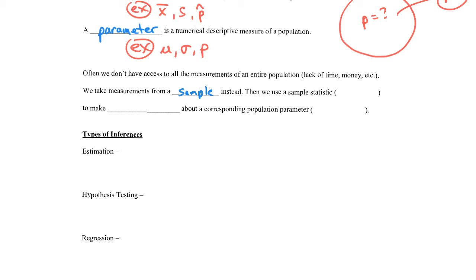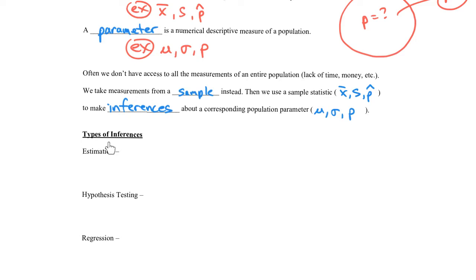Then we use a sample statistic such as X bar, S, or P hat to make inferences about a corresponding population parameter like mu, sigma, or P. So we're getting ready to start using statistical inference. That's when we're going to have information about one of these sample statistics, and we're going to try to infer things about the corresponding population parameter.